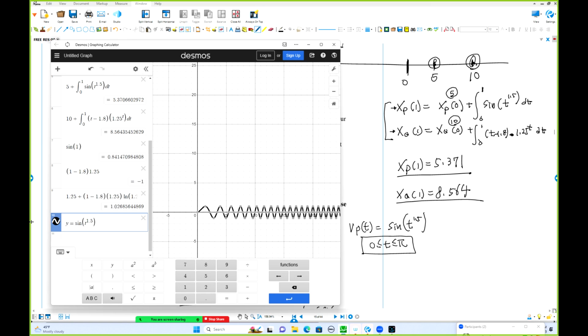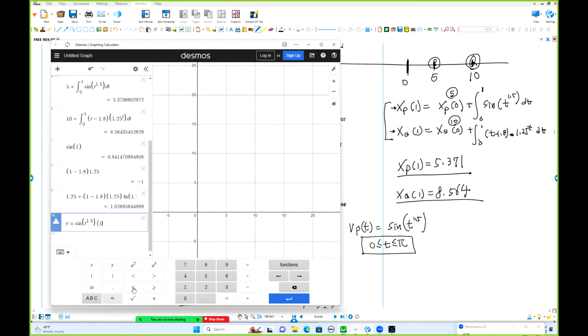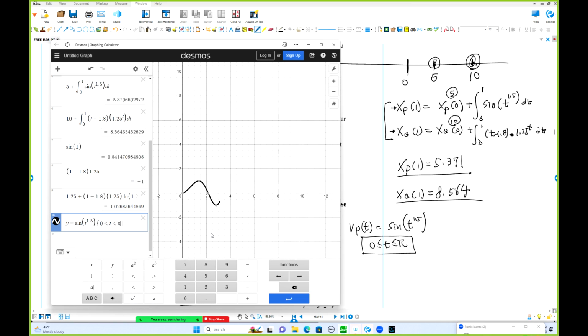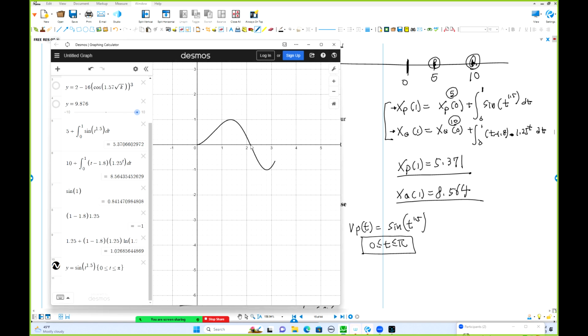We're gonna find this one from 0 to pi, cut off the other one, 0 to t less than pi. From here to here it moves to the right until 2.145.